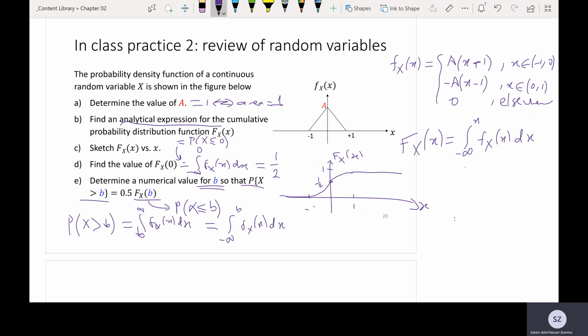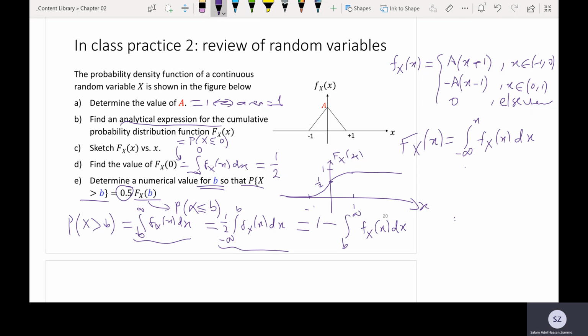So in order to find this, you need this integral, which is 1 minus the integral from minus infinity to b of f_X(x) dx.